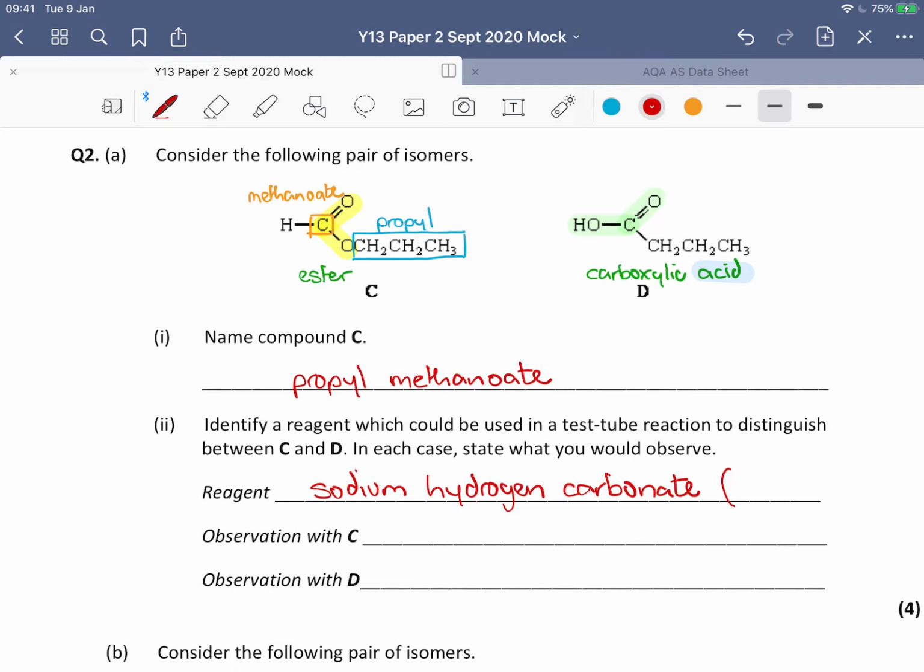So please, if you're at all not confident of remembering the formula, then write it as a name instead, and you will definitely get the mark if you write the name correctly. If you write the formula incorrectly, I'm afraid, you'll not get that mark.